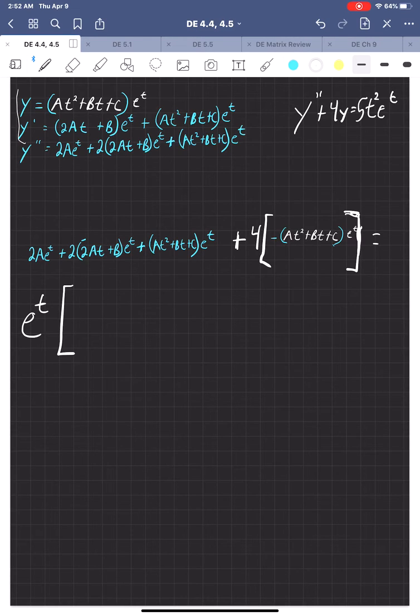So we got 2a plus 4at plus 2b plus. I'll tell you what, this is going to take forever if I just keep doing all these little baby algebra steps. So let me get it all the way factored out, okay?